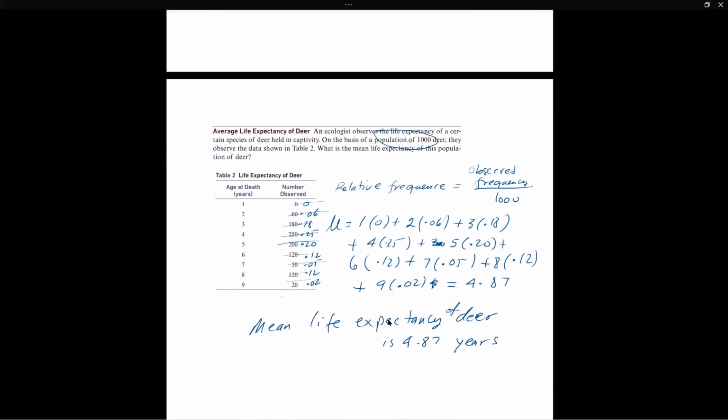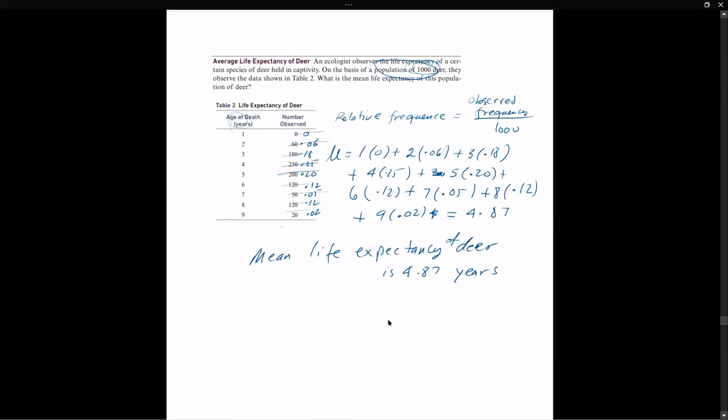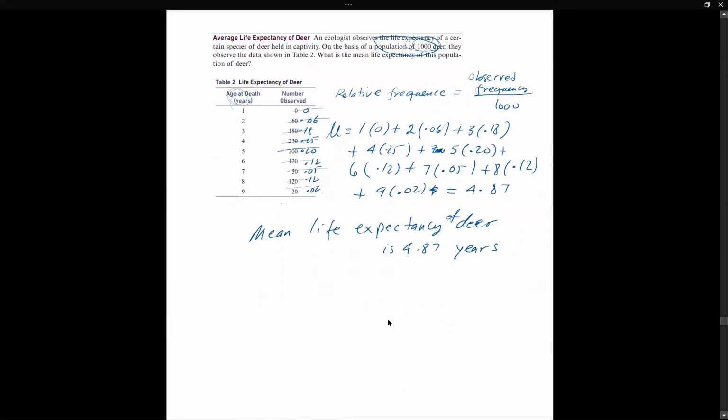Here it's kind of easy because it's 1,000, so you're getting fixed numbers. Then in that case, you're using the relative frequency times whatever outcome you're measuring. And at the end it gives you the idea, which is good.